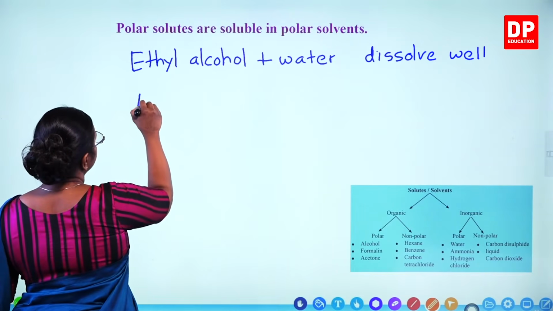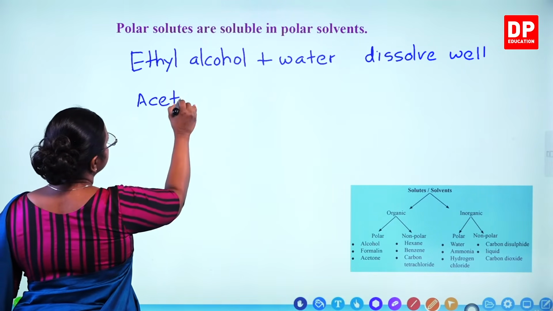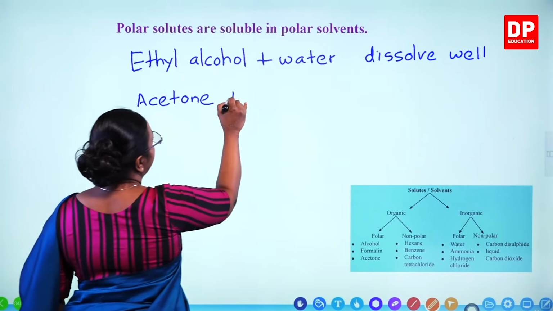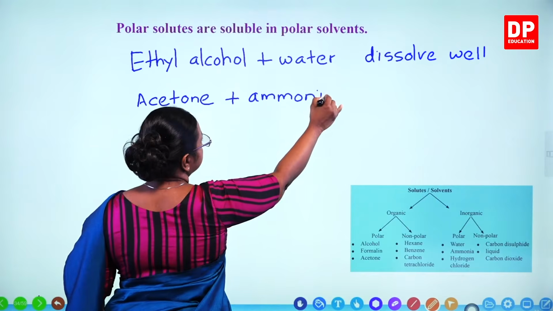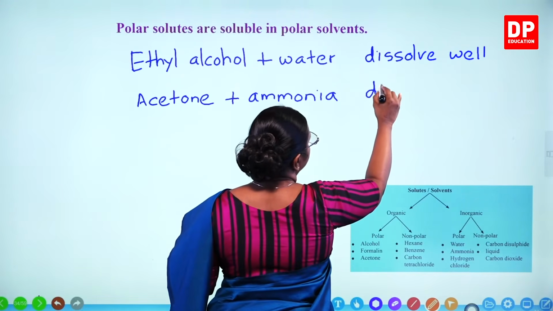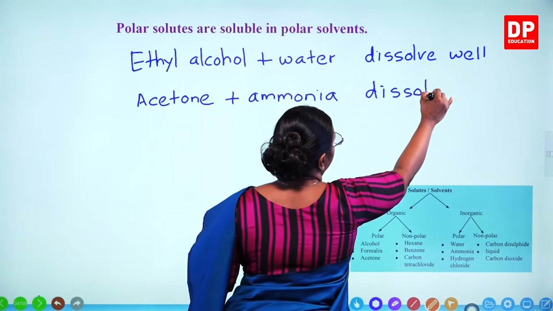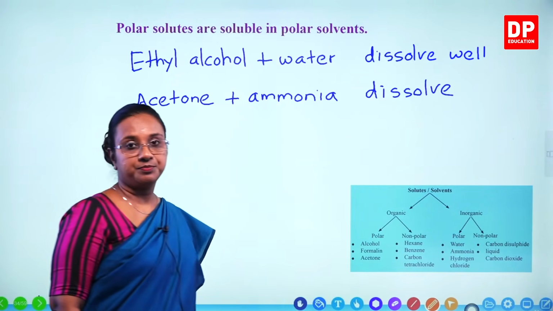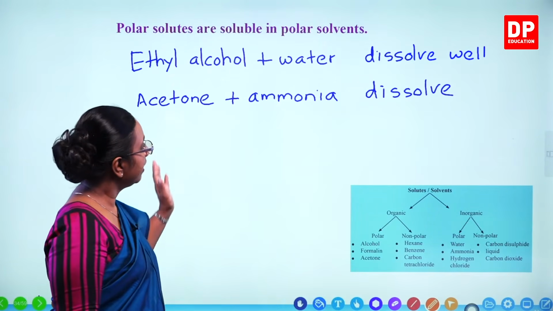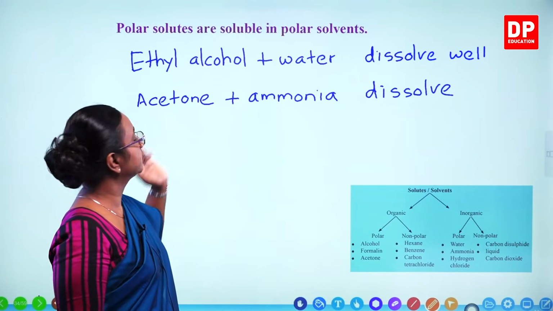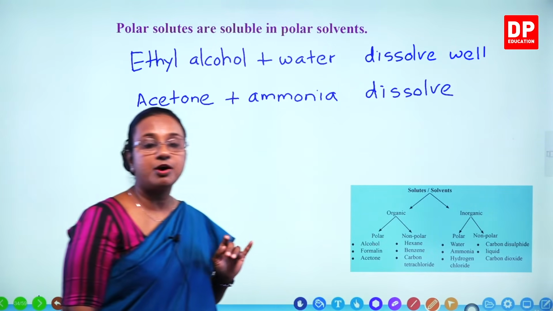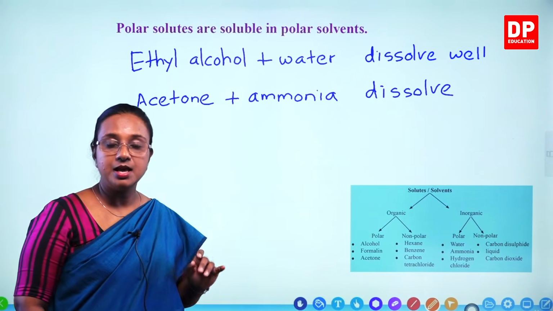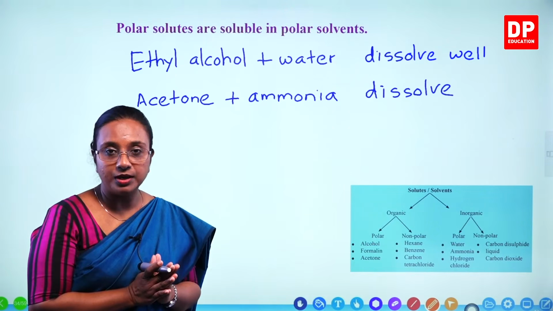So another example, acetone and ammonia. They also dissolve or mix well. Now here I have taken 2 substances, one from the organic side, the other from the inorganic side, but they are all polar.